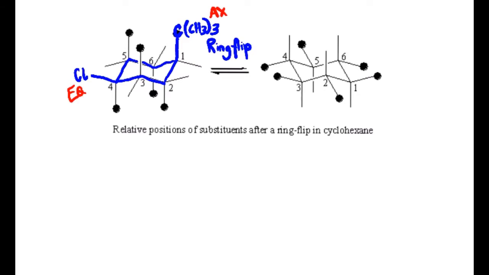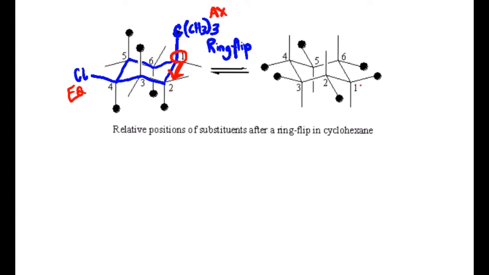And by convention, when we redraw the ring after the flip, we take each of the atoms of the ring and basically move them one spot clockwise. So atom number 1 of the ring, this carbon atom right here, once we do the ring flip, I'm using that arrow to show that we have moved that carbon number 1 down to here. So I'm going to circle that right here. And that's the way to think of it when we're doing the ring flip.